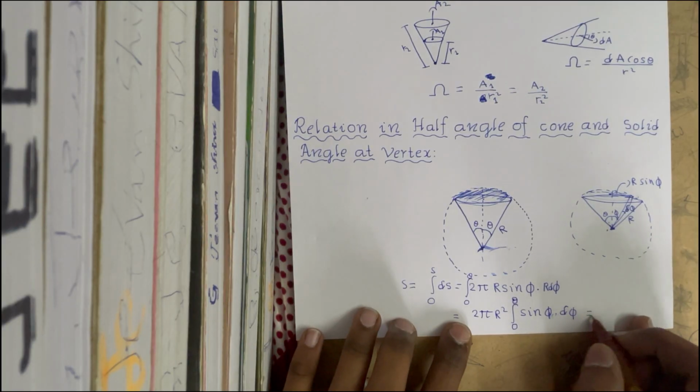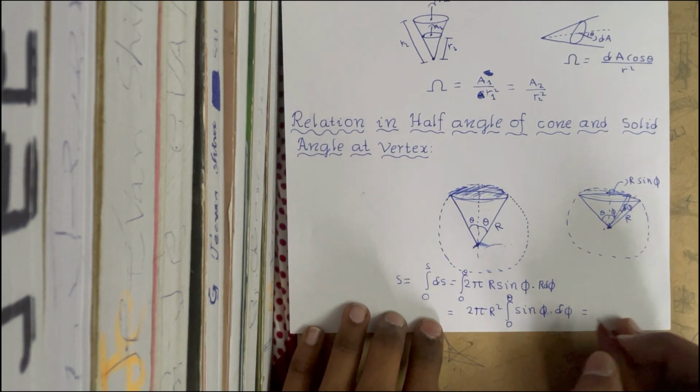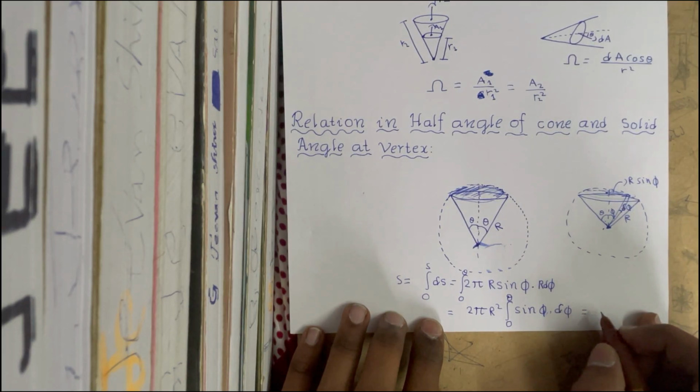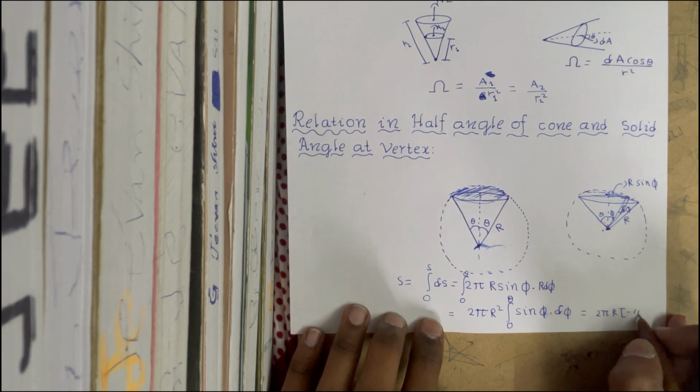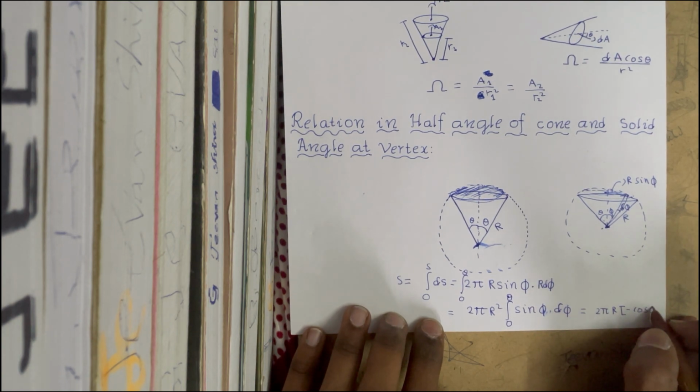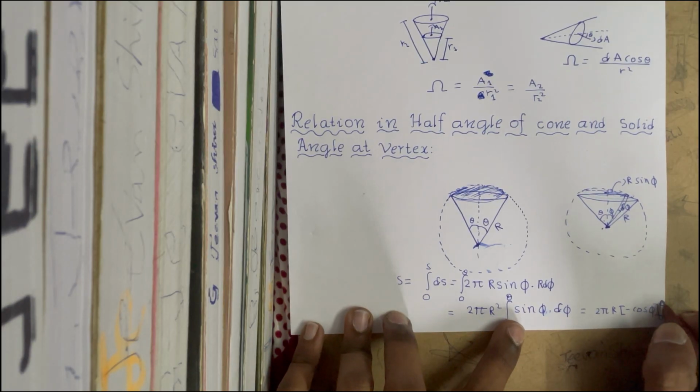So the integral of sine phi was negative cos phi. So 2 pi r square of minus cos phi from limits 0 to theta.